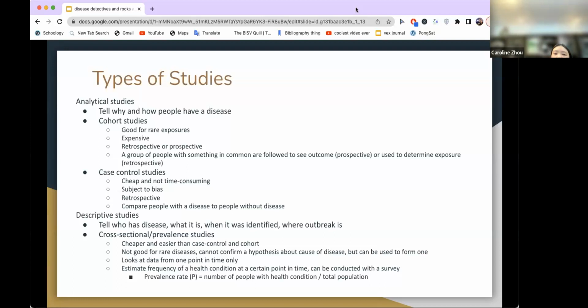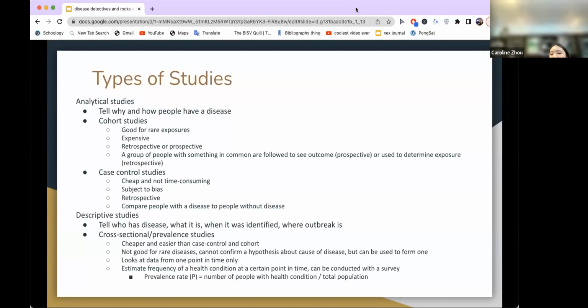This basically estimates the frequency of a health condition at a certain point in time and can be conducted with a survey. So basically you need to find out, in a large population, how many people have the disease. If you only find out who has the disease, but not what they did to get the disease, then you can't confirm a hypothesis, right?